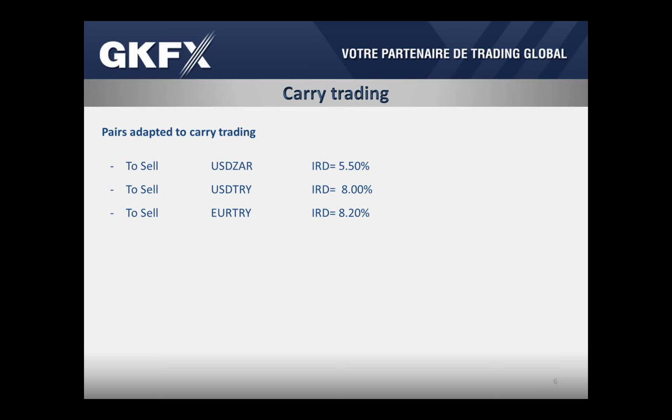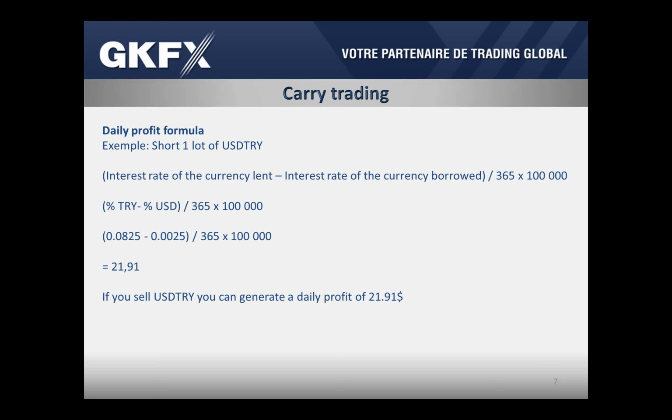Another example with USD Turkish lira, once again a very wide interest rate differential, 8%. And finally, the most interesting in my opinion, the Euro Turkish Lira, which profits from a very wide differential, 8.20%. So those pairs can be adapted to carry trading.